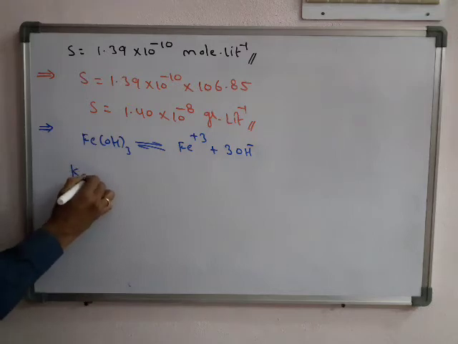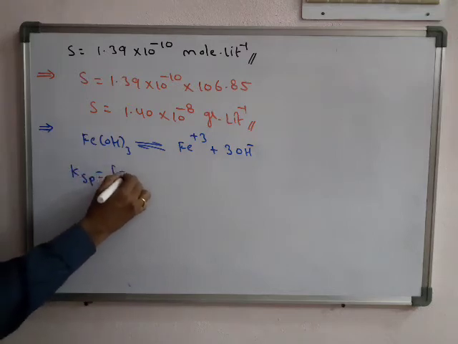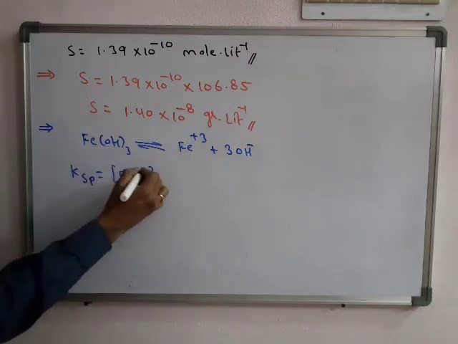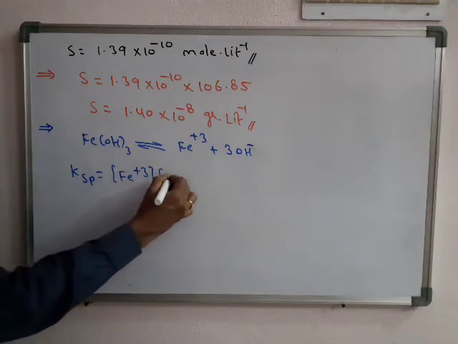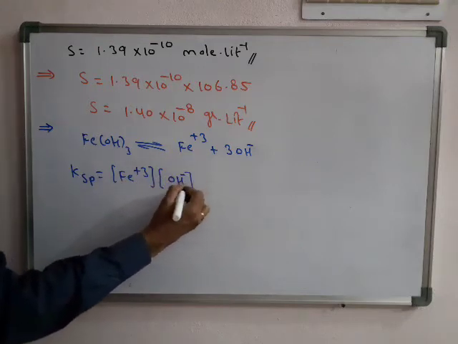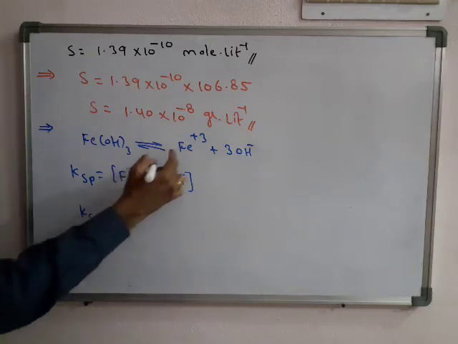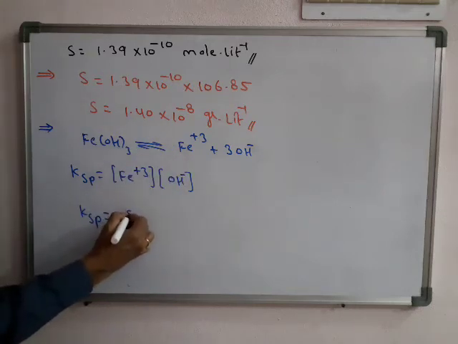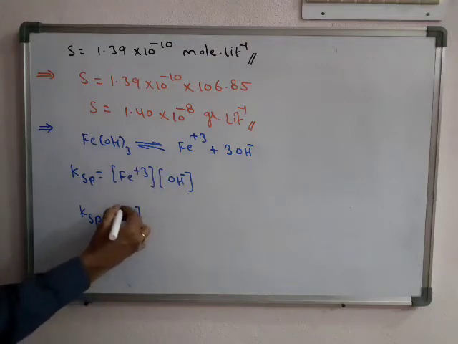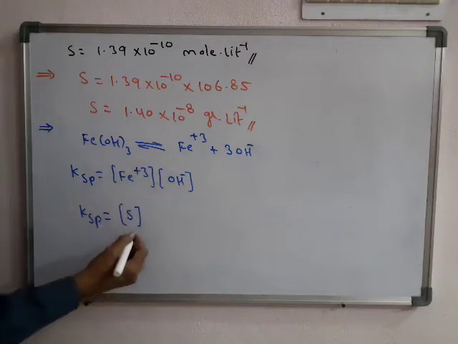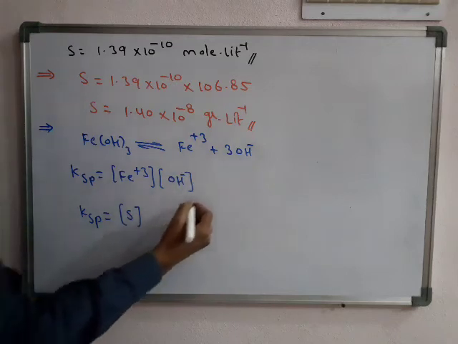So generally we know Ksp is equal to the solubility, nothing but the dissolved concentration of Fe³⁺ and OH⁻. So Ksp equals, actually, Fe³⁺ is only 1 mole, so we write 1s and the power also 1, that is s^1. Next, what about this? This is 3s.